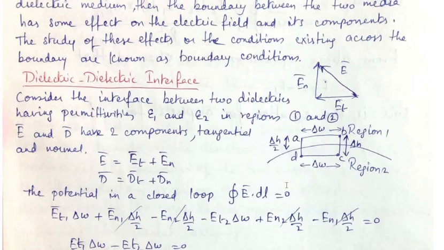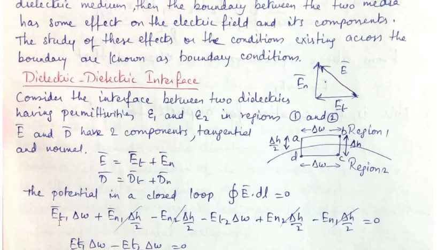Now we'll apply this equation for this closed loop A, B, C, D, A. So we'll start from A to B. Between A to B, it is the tangential component of dielectric 1.